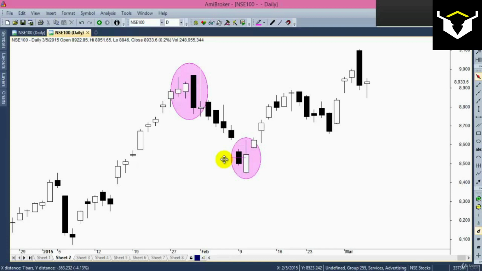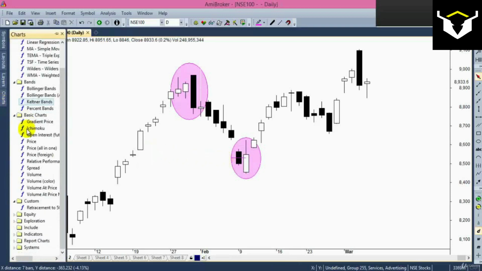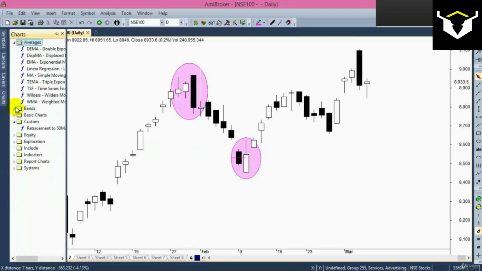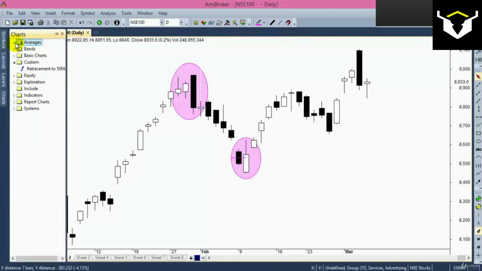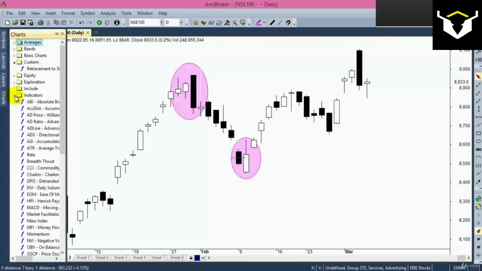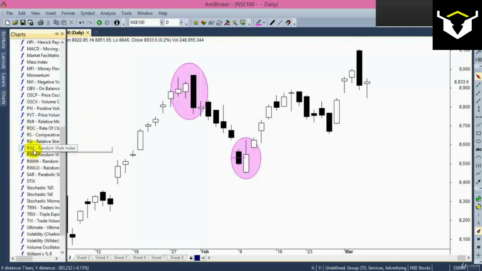There are many oscillators found, but conventional oscillators like stochastic, MACD, CCI, commodity channel index, and RSI could be used to understand the stage of current market trend. So I will add stochastic oscillator with its default setting, stochastic percentage %D.